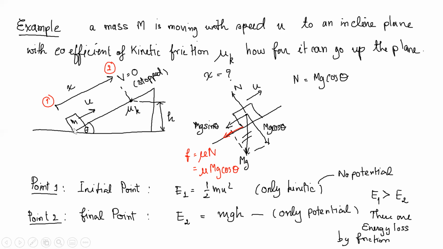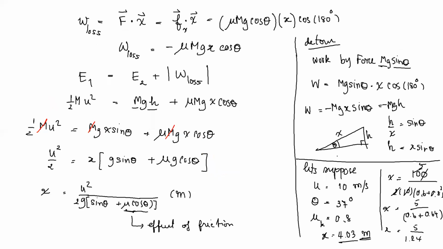It will move by a distance x, the hypotenuse of this right triangle with height h. So the energy loss is minus mu mg x cosine theta, because mu mg cosine theta is the friction force and x is the distance.